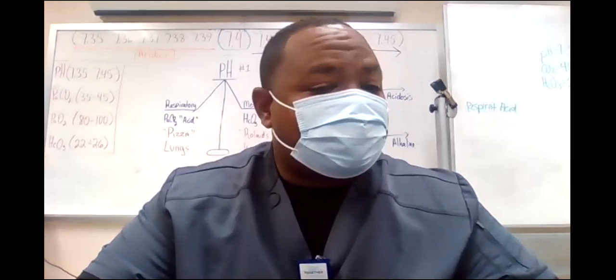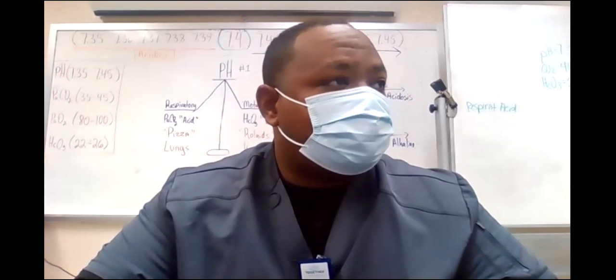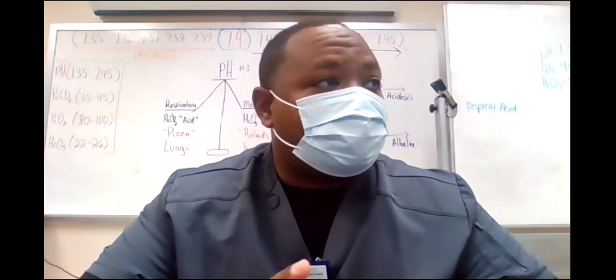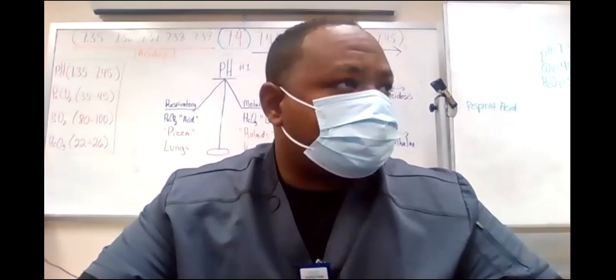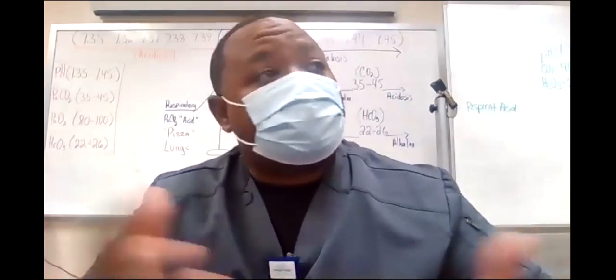Miss Rose, what does affinity mean? Affinity. Love. And so we do that in terms of what? Whose love for what? No. When we talk about affinity, we talk about hemoglobin's love for either oxygen, CO2, or carbon monoxide.